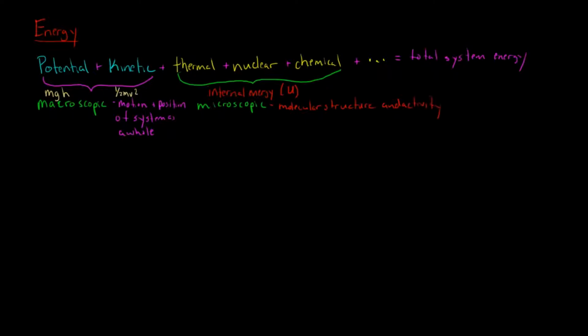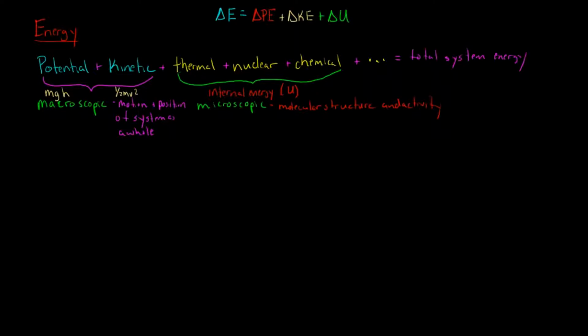So with this, we can write an equation for the total system energy. So we can write it for the change in the system energy. So our change in the energy is equal to the change in potential energy plus the change in kinetic energy plus our change in internal energy.